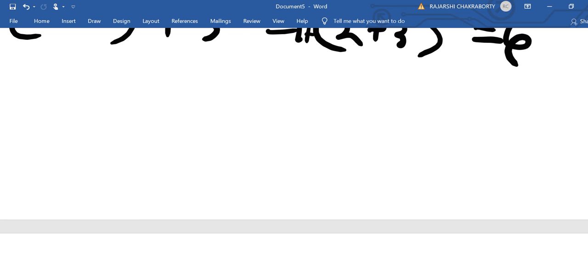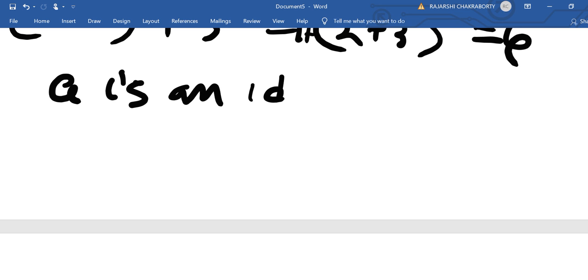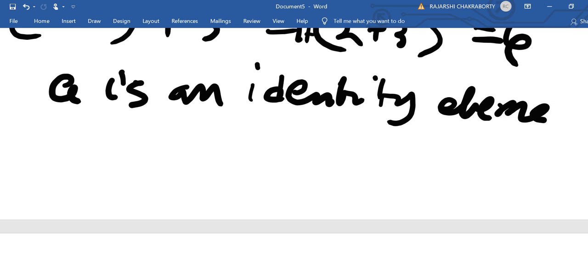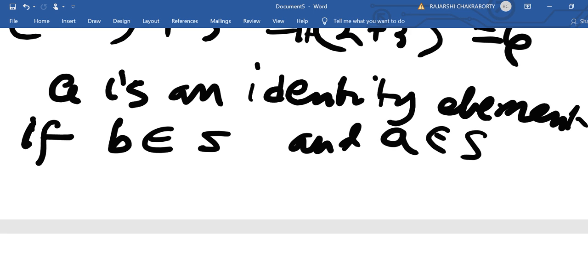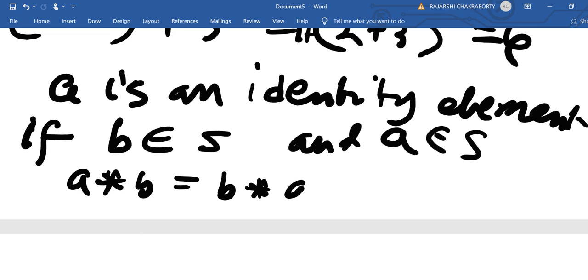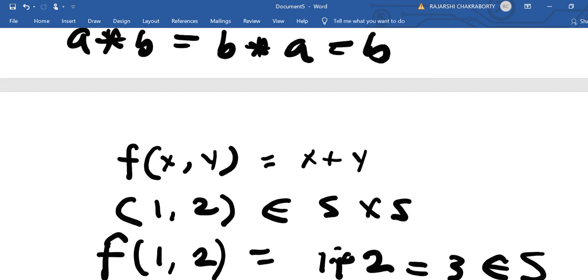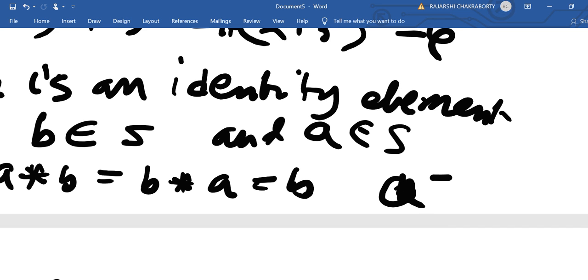Say A is an identity element if for any B belonging to S, and A also belongs to S obviously, then A star B is equal to B star A, which would be equal to B, which means that any element with which there is a binary operation with A would result in the same element of S, irrespective of whether A is on the left or on the right. Normally, this element is denoted by E.